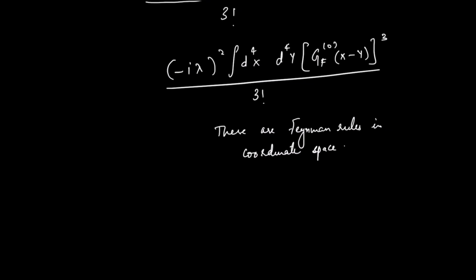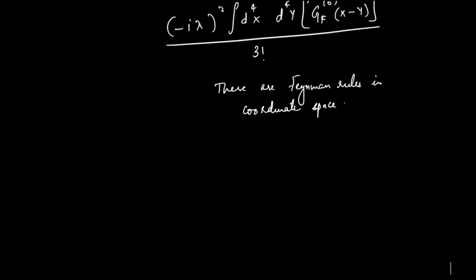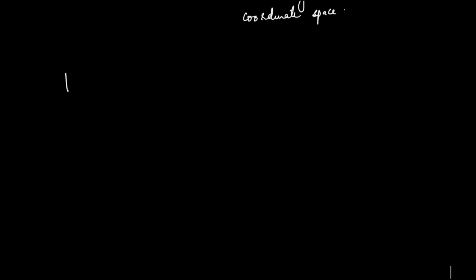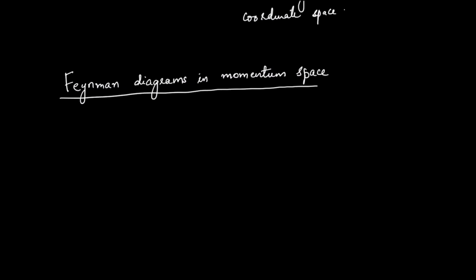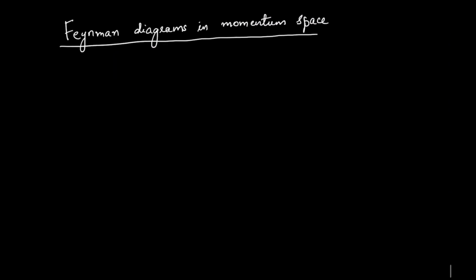So let's see. The next topic that I'll be discussing is the Feynman diagrams in momentum space. Suppose we have the n-point correlation function, with the standard Fourier transform.